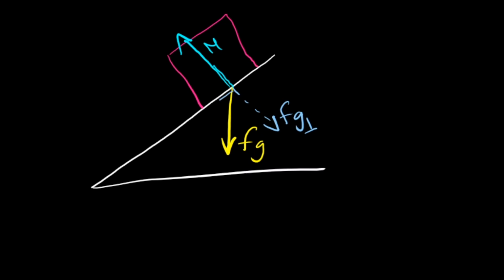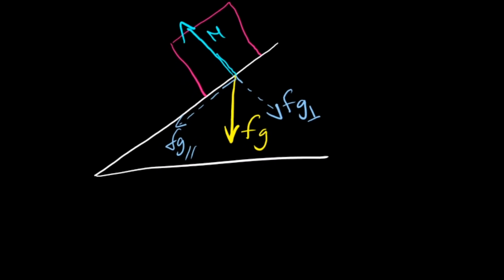And then this will be our parallel or horizontal component. I'm using tail to tail, by the way. If I'm using head to head or head to tail, it will be like this. So how do we calculate the components of force of gravity?